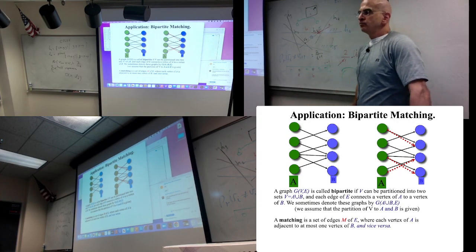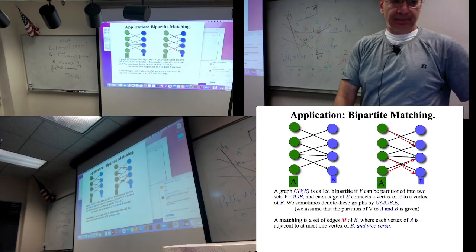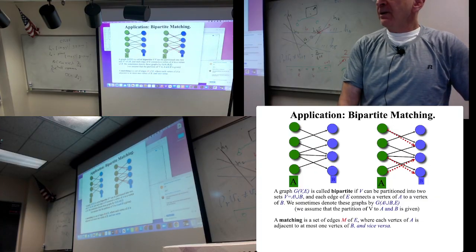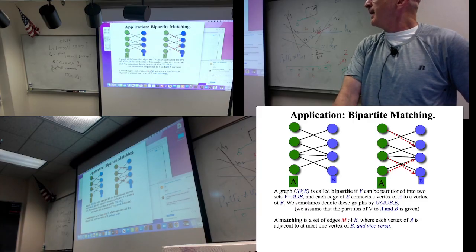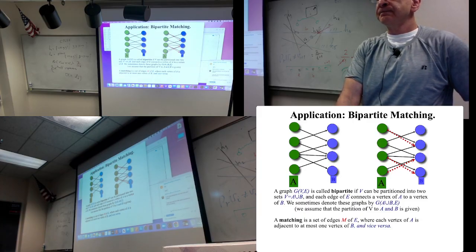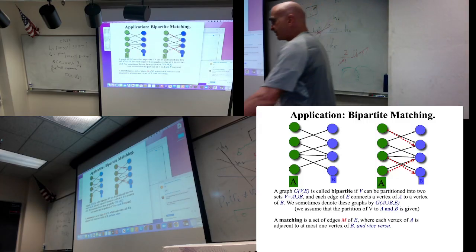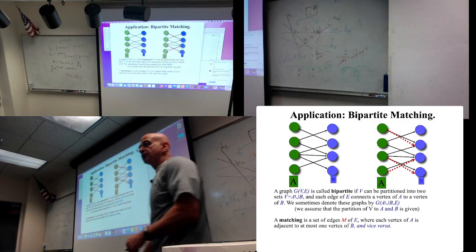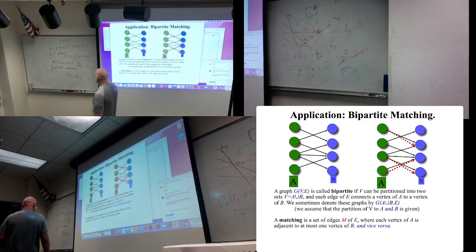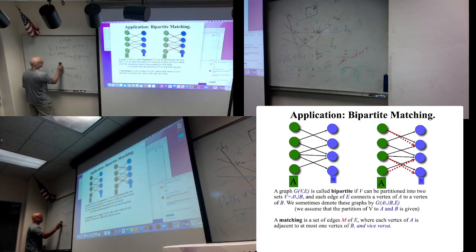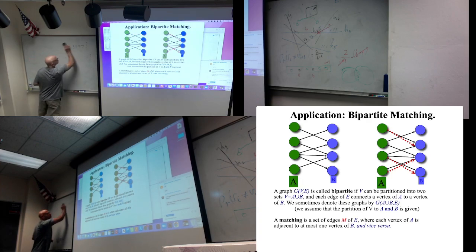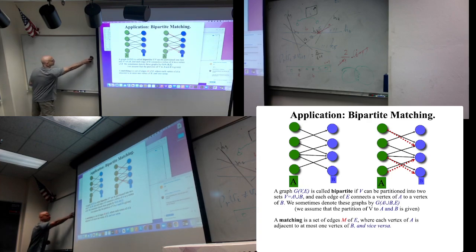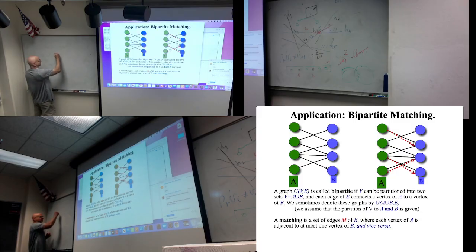Now, we'll see there are many ways to solve the problem of finding a matching in this graph. We can start, for example, with a greedy approach.